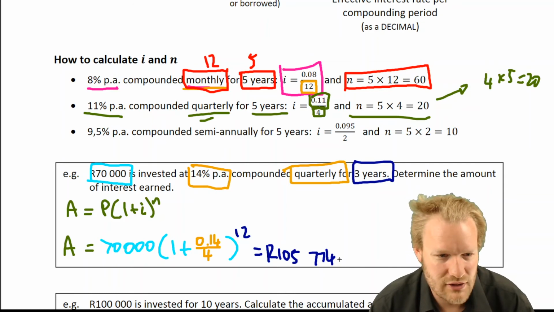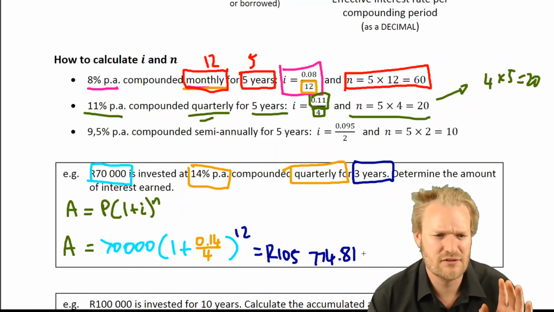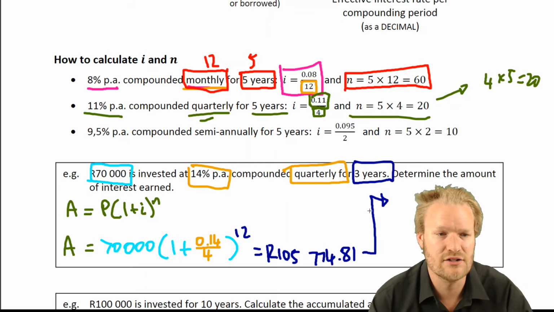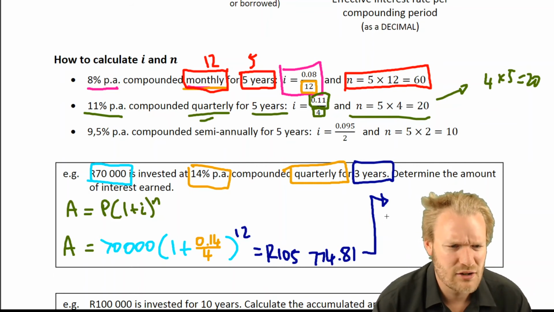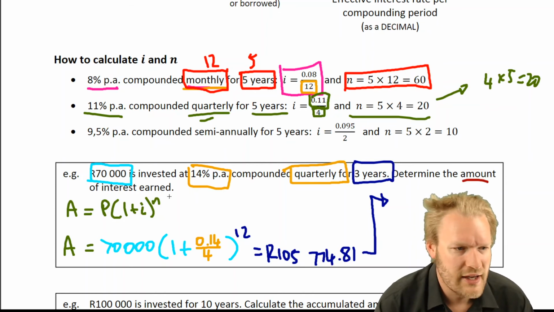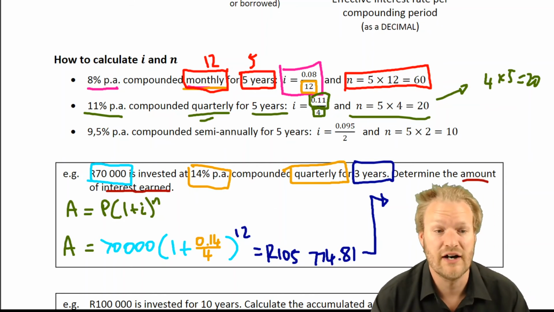We get 105,774 and 81 cents. And like the first example we had at the beginning of the workbook, wait a second, what are we trying to find out? We're trying to find out the amount of interest earned, not just the final amount.